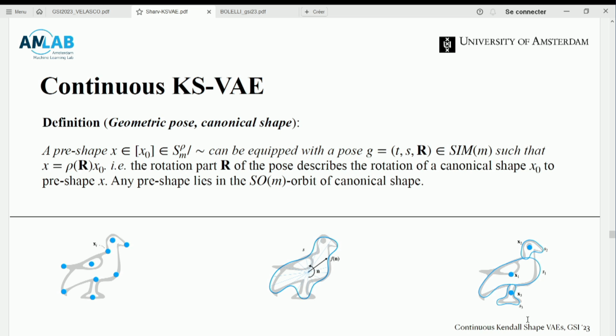So for example, if I had this figure of this bird here, the discrete Kendall shape points would just be these blue dots. And if I were to represent it as just one signal, I would get something like this, a spherical glyph representation.